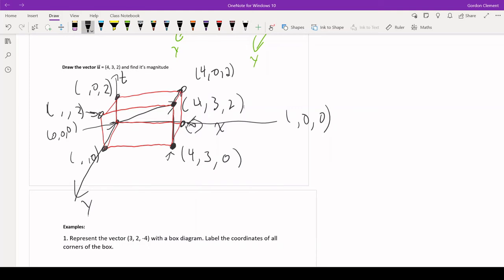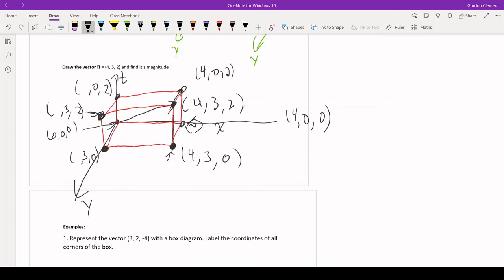The 4 corners on the front of the box, hard to show you which ones I'm looking at, but those 4 on the front of the box all have a y of 3. So I can fill in the y of 3 there, there, and there. And then similarly now with the x's, everything on the right side of the box is going to have an x of 4.